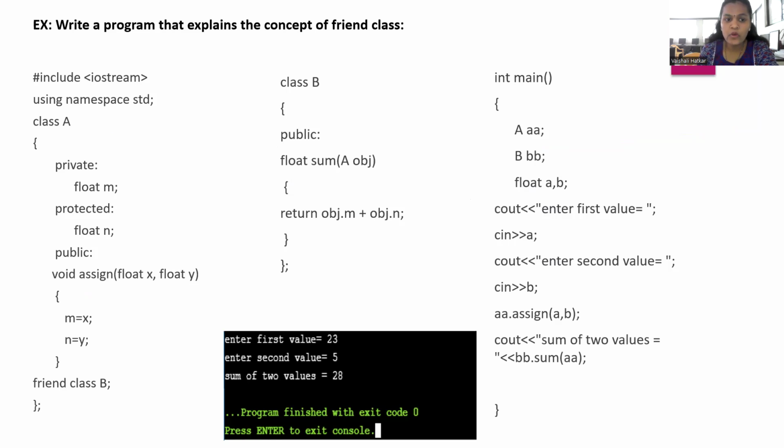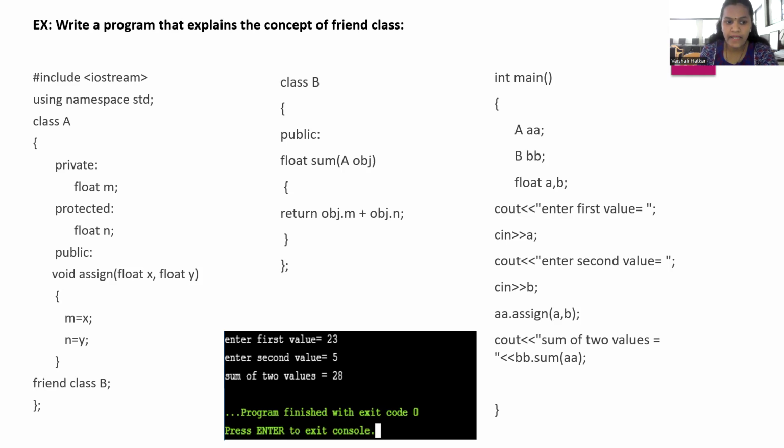There are two different classes here, A and B. Class A declares private members and protected members, and we need to access those two variables outside the class. That's why we are using the friend class concept here.